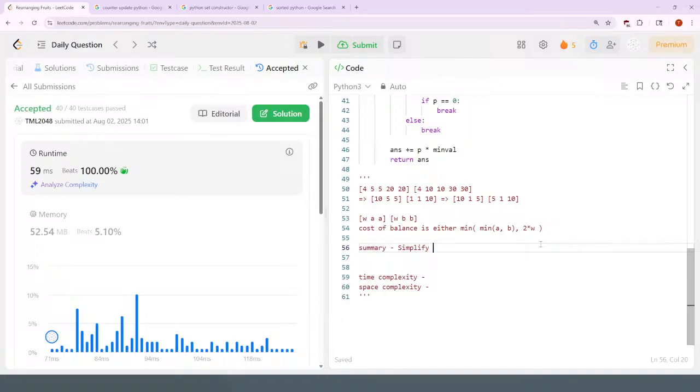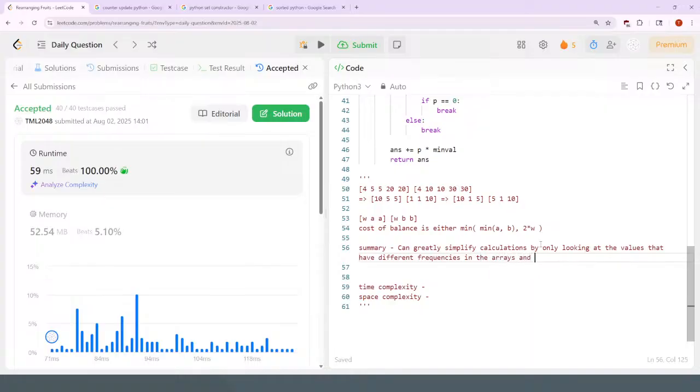You can greatly simplify calculations by only looking at the values that have different frequencies in the arrays, tracking how many unbalanced pairs there are from those values for each pair to balance.